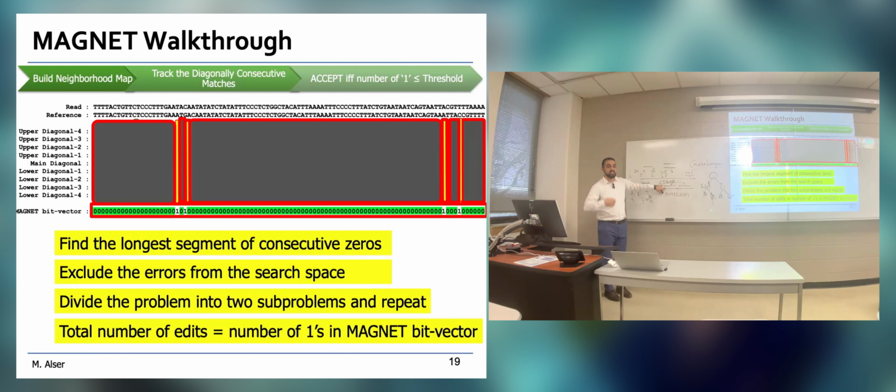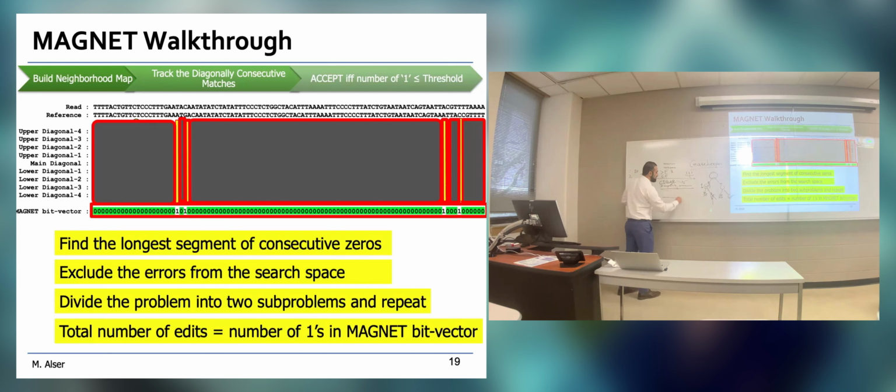We solve this first, assuming this is the largest, because this is 20 zeros and this is 10 zeros, right? So we'd solve this subproblem first, and then we have this remaining subproblem, we solve it, and then we got the result, right? Okay, that is the result of a single edit operation.